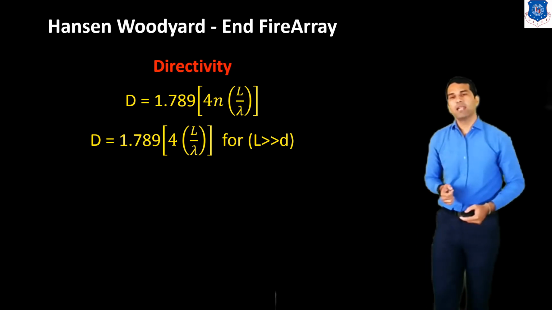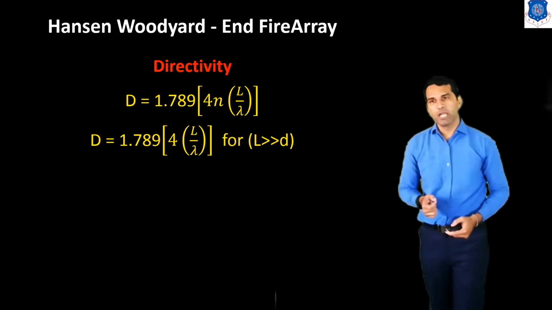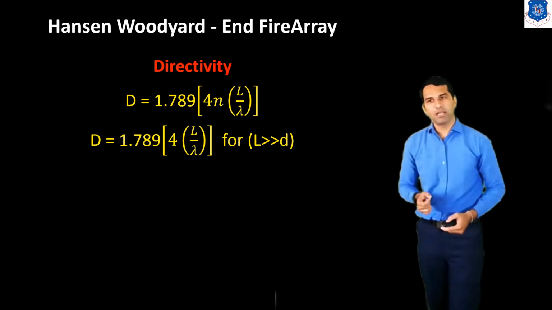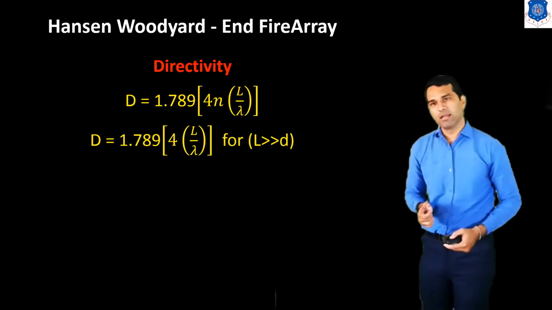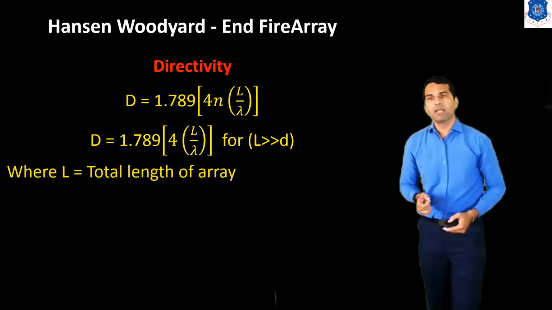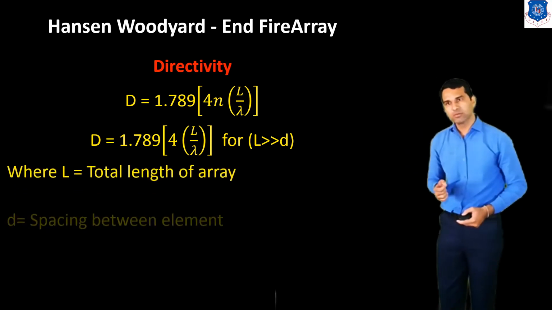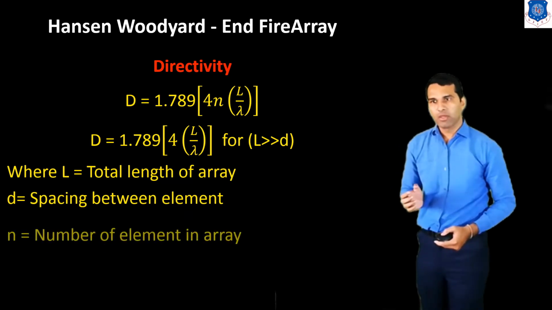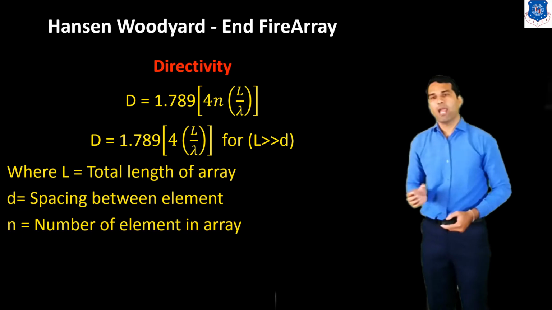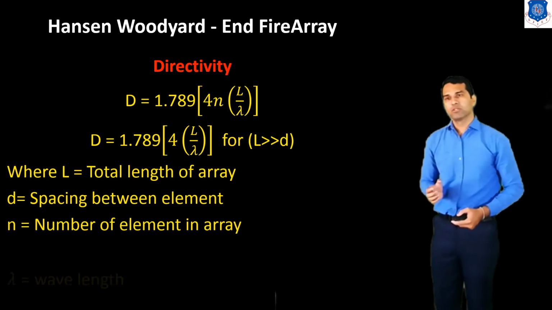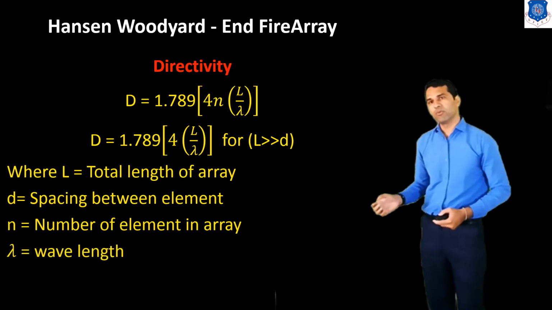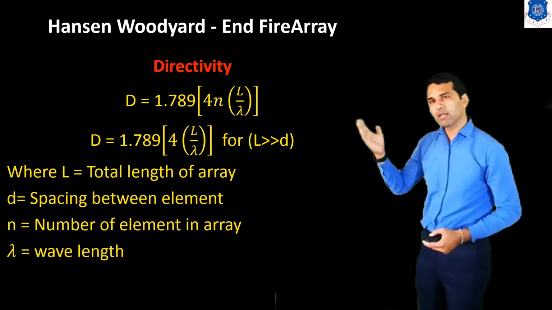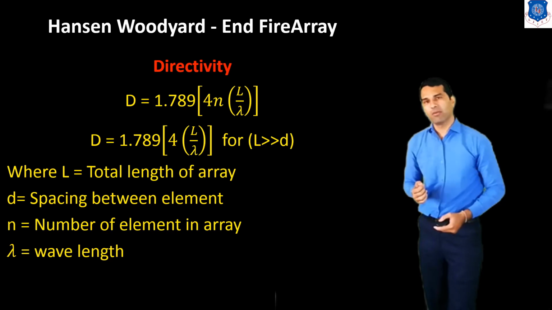Now, in the case where L is very large as compared to d, we can write D equals 1.789 times 4 L by lambda, where L is the total length of the array, d indicates the spacing between the elements, n is the number of elements in the array, and lambda is the wavelength. So this is the directivity equation for the Hansen-Woodyard end-fire array.